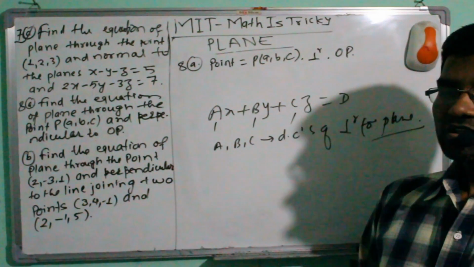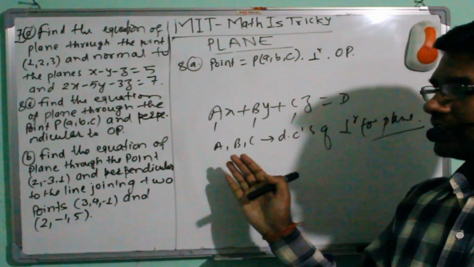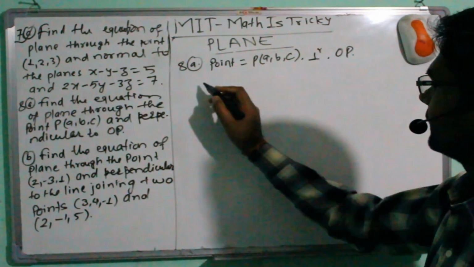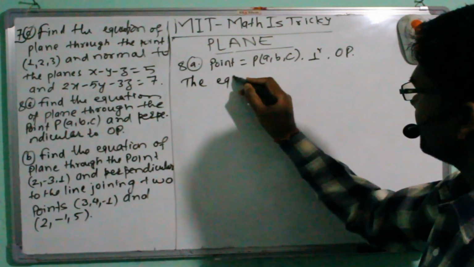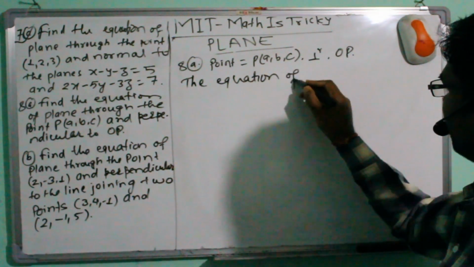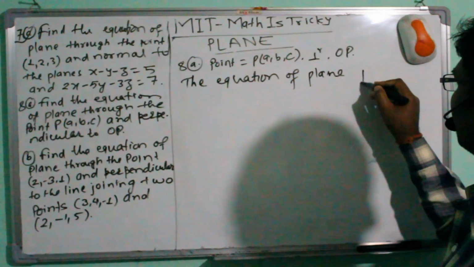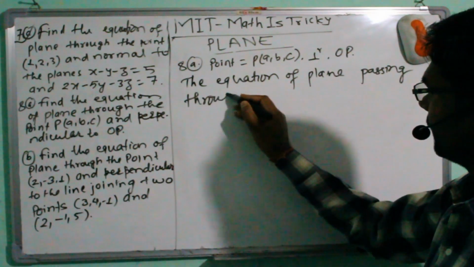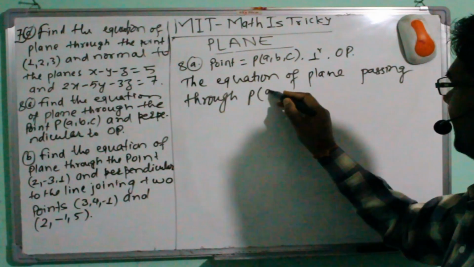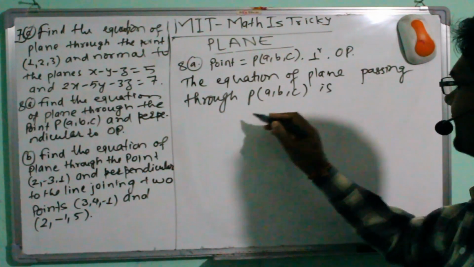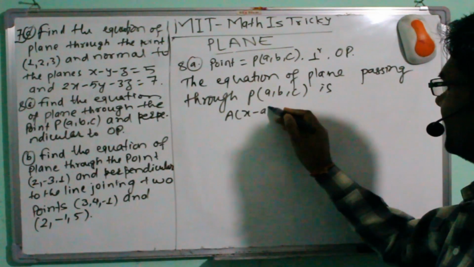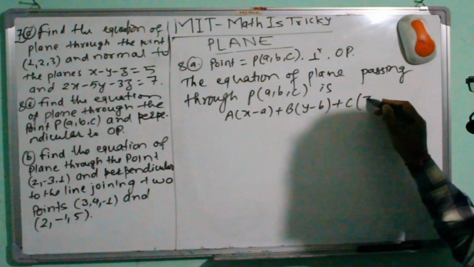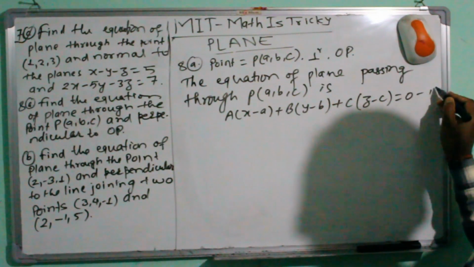Hope you understood this. So what we are going to do is find the equation. Let me write here and solve it. The equation of plane passing through point P(A, B, C) is A times x minus A plus B times y minus B plus C times z minus C equals 0, isn't it?